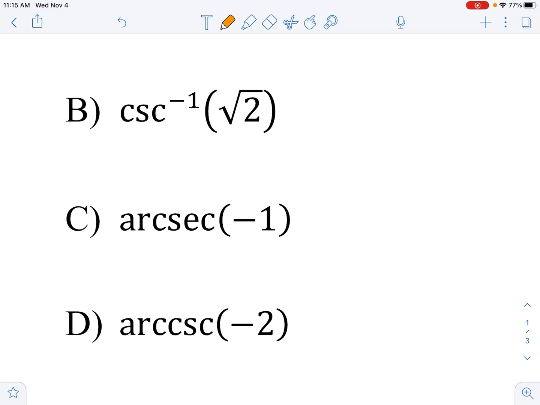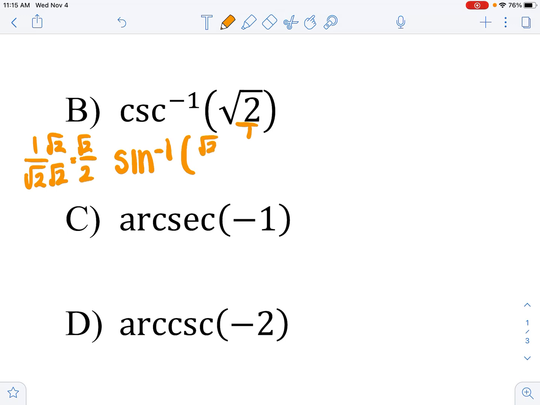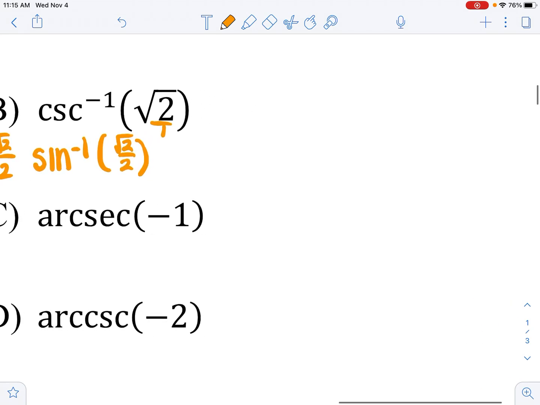All right, let's try another one. Cosecant inverse of root 2. So once again, I want to know an angle that has a cosecant of root 2. And then I say, I don't have cosecants memorized. So I'm going to change it to sine inverse, but I have to take the reciprocal of root 2. The reciprocal of root 2 is 1 over root 2. But then I have to rationalize that, so multiply by root 2 over root 2, and I get root 2 over 2.